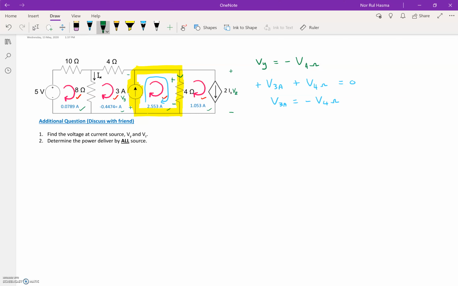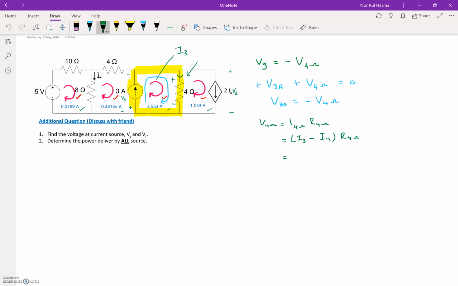So from here, you can see that when you select this direction, you have to use Ohm's law, which is V4 ohm is equal to the I that flows through the 4 ohm times R 4 ohm. The direction is the same as the direction of I3, which is I3 minus I4 times R4 ohm.